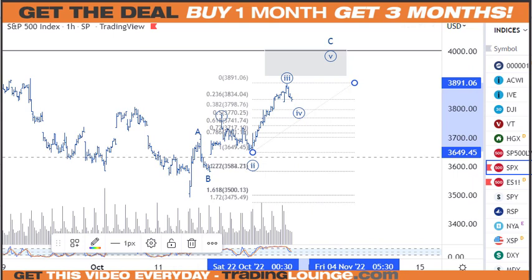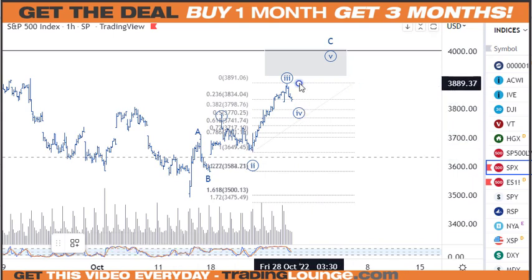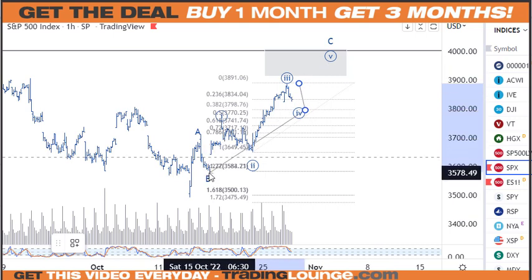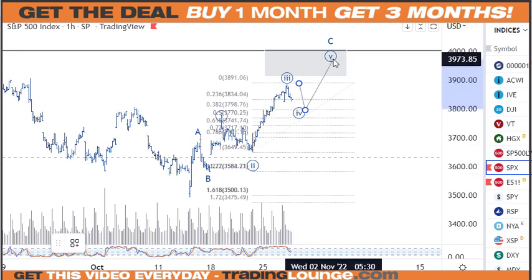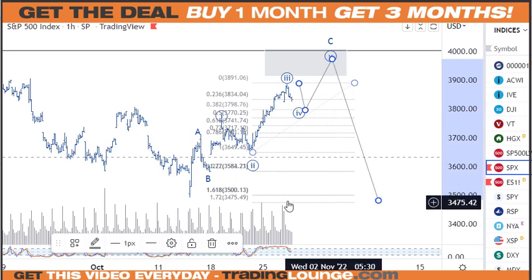So we should be able to see this just in 3 waves come down to this space. And then the length of this from B here to wave 1 here, that length here, if the extensions in wave 3 here, can be here. So that's what we'd be looking at at that point.